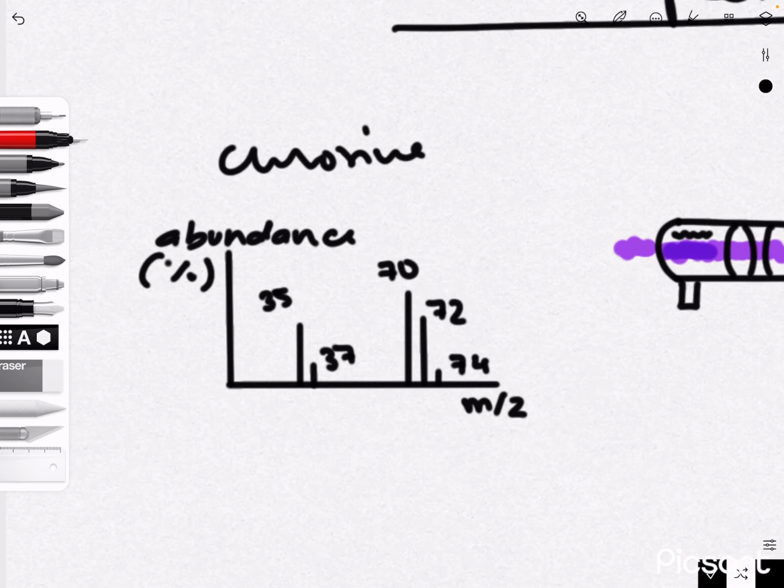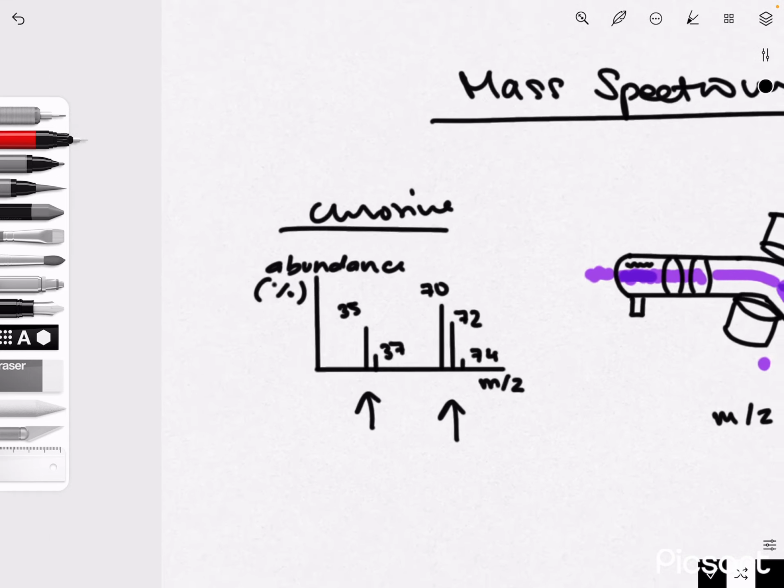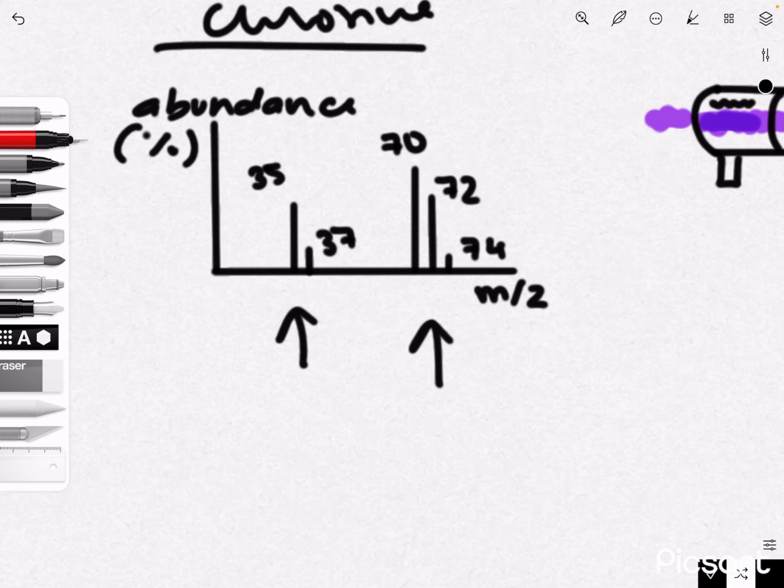So what we see is that we not only have our chlorine-35 and chlorine-37 isotopes over here on the left, but we see three other values that appear further down the right, which are our 70, our 72, and our 74. Because what we passed through was a sample of chlorine, we can infer that these are diatomic chlorine molecules.